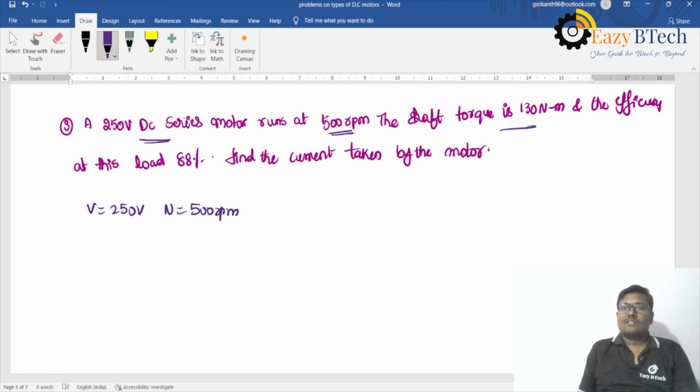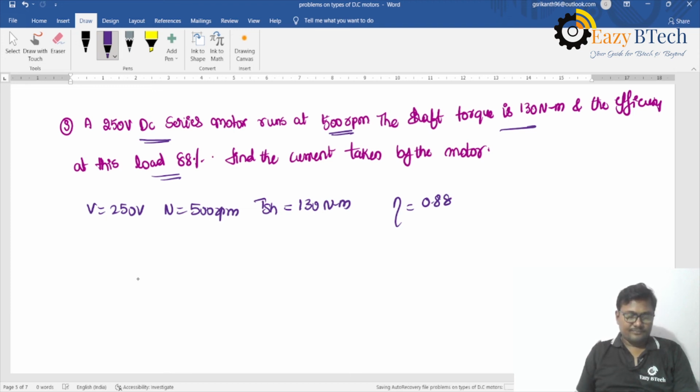And coming to this problem: a 250 volts DC series motor runs at 500 rpm. The shaft torque, that is called the useful torque, is 130 Newton meter. The efficiency at this particular load is equal to 0.88. Find the current taken by the motor.